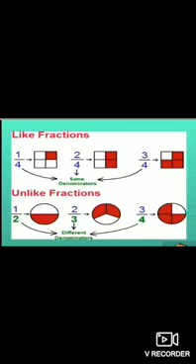So these are like fractions. Unlike fractions: 1 by 2, 2 by 3 and 3 by 4 all have different denominators. So these all are unlike fractions. So unlike fractions are those fractions which have different denominators.